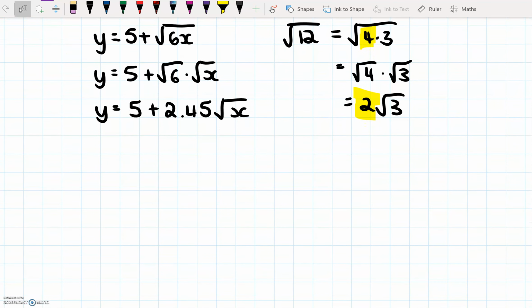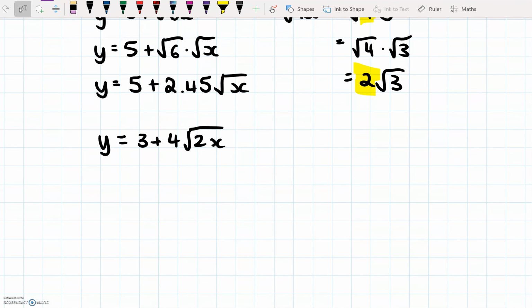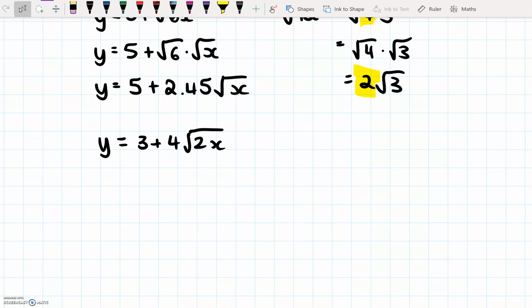Okay, so let's do another couple of examples just to make sure you understand it. So if we have y equals 3 plus 4 root 2x. Okay, so this one's a little more complicated because we also have the 4 out the front. Okay, but we just treat it in the same way.